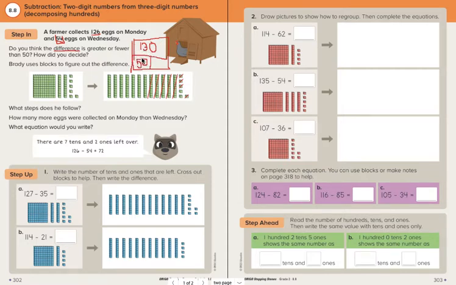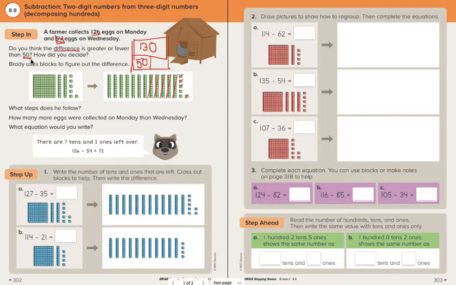The reason I did that is because those 130 and 50 are way more friendly than 126 and 54. But it's still pretty close. So 130, take away 5 groups of 10, I know in a snap is 80. And 80 is quite a bit bigger than 50, right? 80 is 3 groups of 10, 30 more than 50.